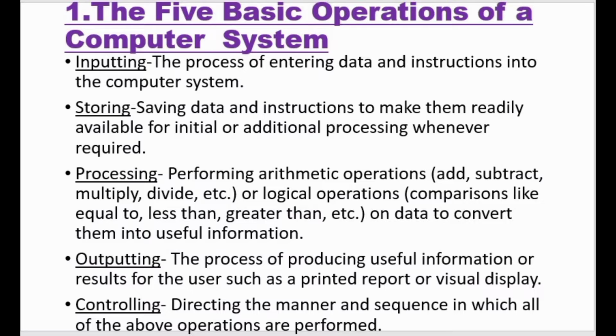The process of entering data and instructions into the computer system is called inputting. Then the next one is storing. Storing means saving the data and instructions to make them readily available for initial or additional processing whenever required.